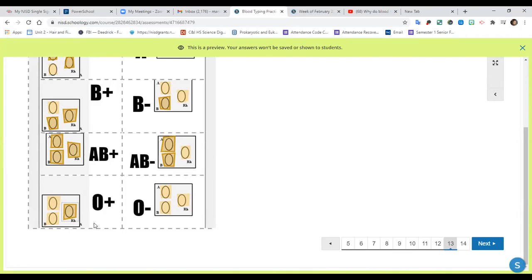Yes. Very good, Joshua. Okay, now the O negative. Where would it clump on the O negative? Very good, Fatima. You got it, girl. You're on fire. Awesome. Very good, Joshua.